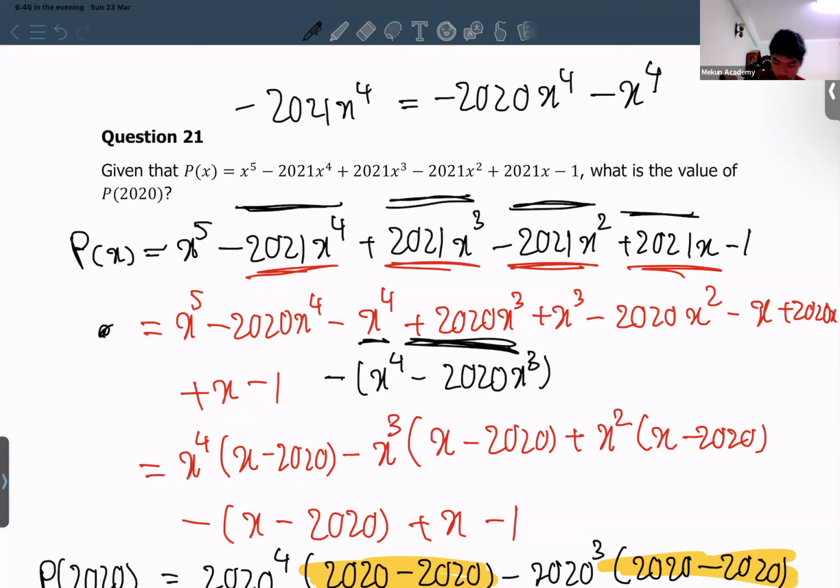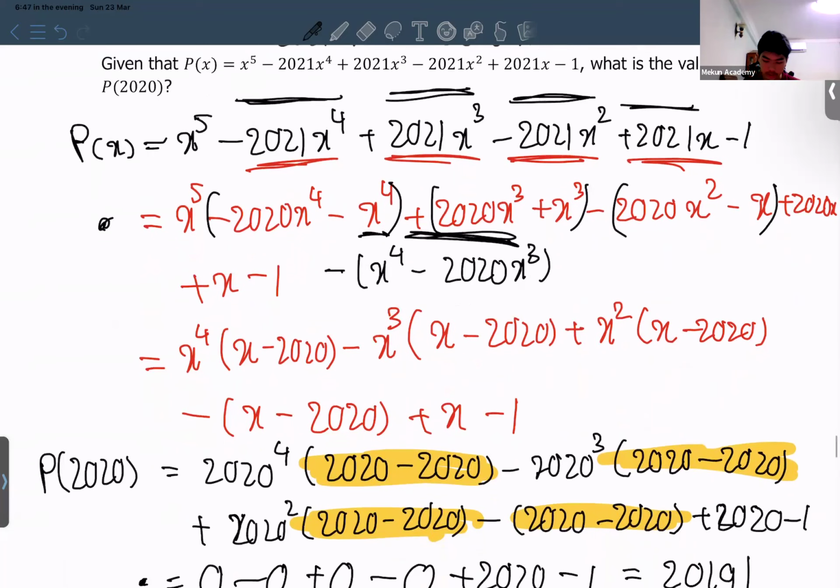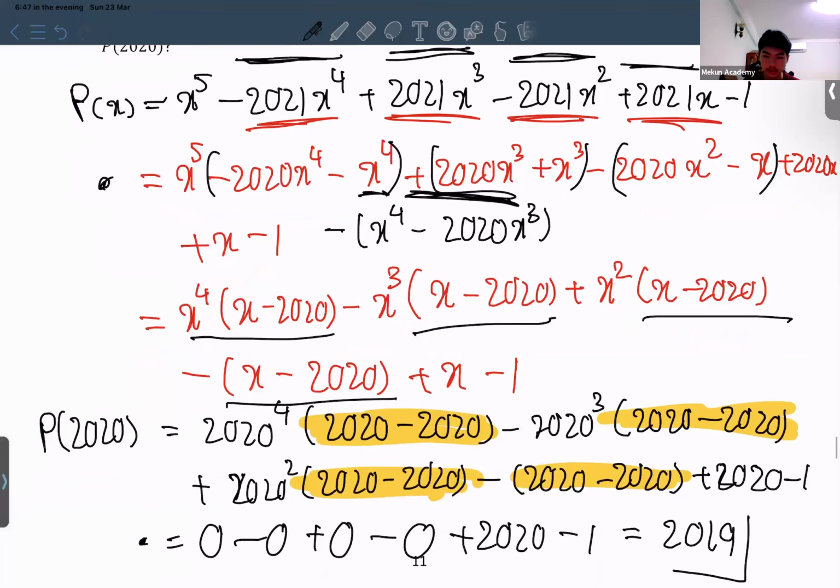So that's the same as the cube: 2021 x cubed equals to 2020 x cubed plus x cubed. See how I separated this one with this one, this one with this one. So you separate all of it, and then you just factor it out. So you take x to the power 4, like down here, and then this, and this. Then you can just substitute x equals to 2020 in. Do you get it, or do you need me to explain it again?